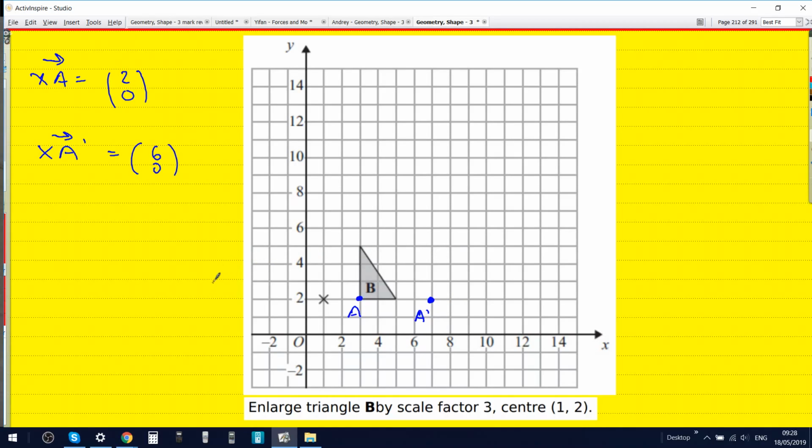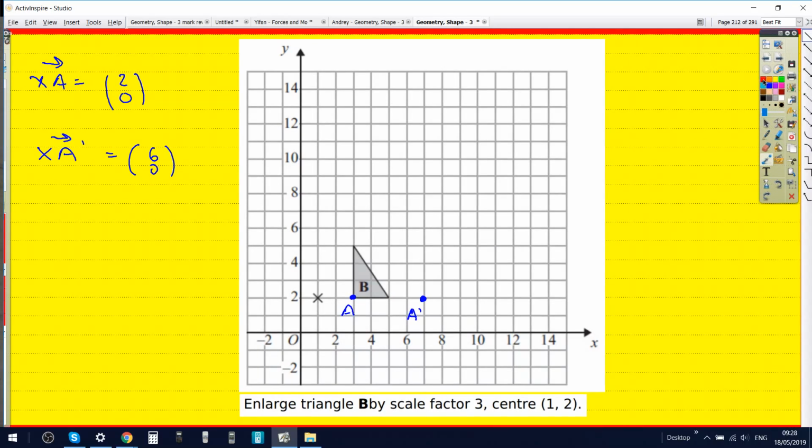So maybe I'm being too fancy with vectors. Basically, this one here is 2 to the right of the center. Yeah. And so the new one will be 2 times 3 to the right of the center. Right. Okay. That's all it is. And then you would just draw the rest of it. So the base is 2. What will be the new base? So the new base will be 3 times 3. So 9 upwards from that. Yeah.